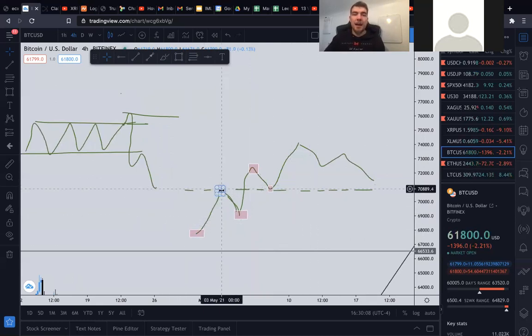Is the previous high higher than the last one? Is this higher than here? And we want to make higher lows. If we made a higher low, perfect, we're looking for buys. If we made a higher high, okay, confirmation that we're still in an uptrend. And this could technically work for binary options too.